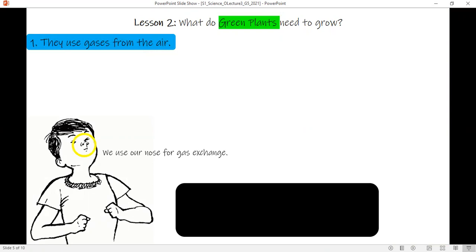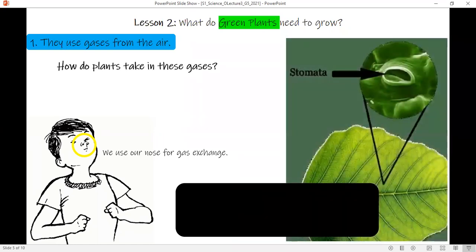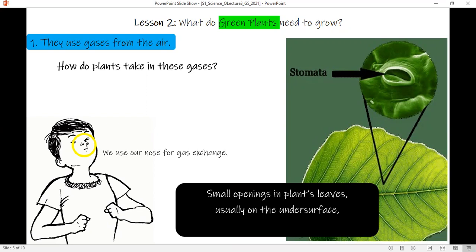The oxygen enters the body by the nose. It moves through the trachea to reach the lungs, right? But plants do not have lungs or noses. What do plants do? Plants use the tiny openings found on the under surface of their leaves.